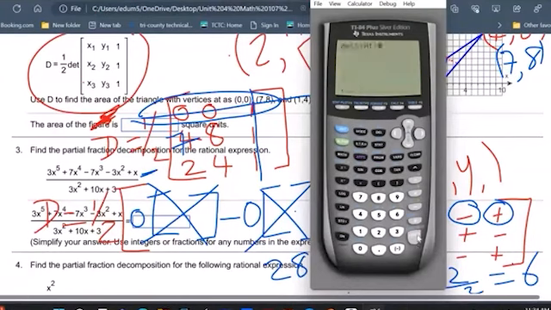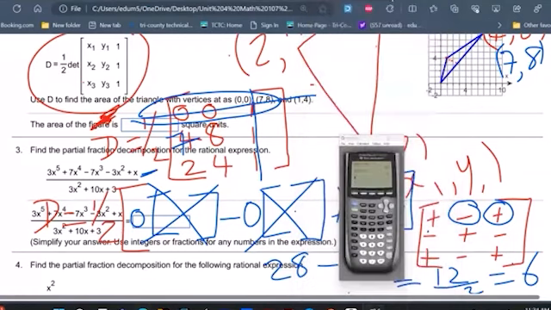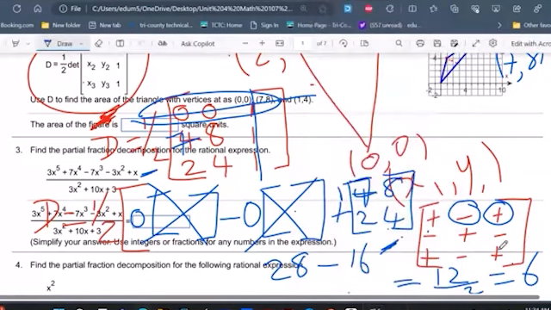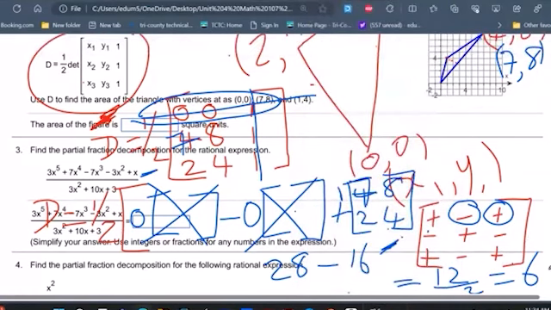Remember that when I get my answer, I'll divide it by 2. The reason I'm doing it by matrix is just to make sure that my answer by hand and my answer with calculator are the same. So I divide by 2. 12 divided by 2 is 6. We got it by hand, so the area of the triangle is 6. And with calculator, the area of the triangle is 6.